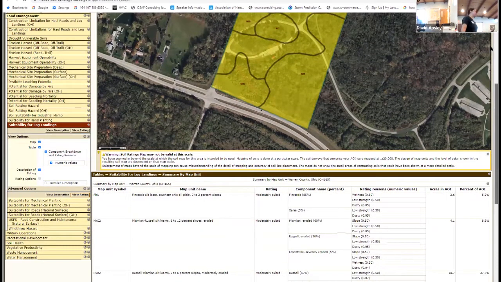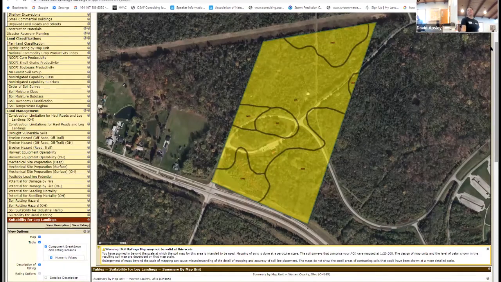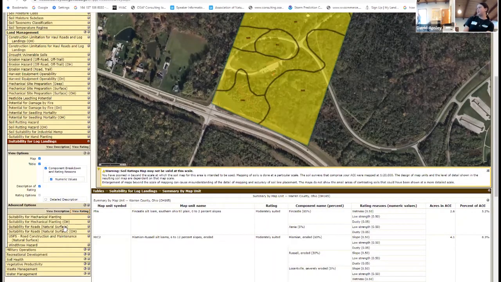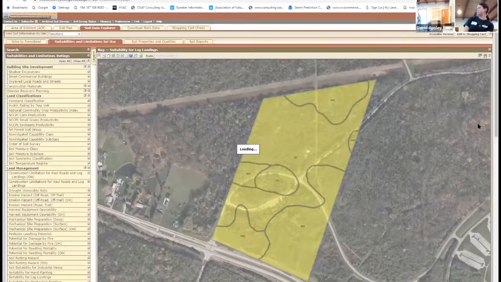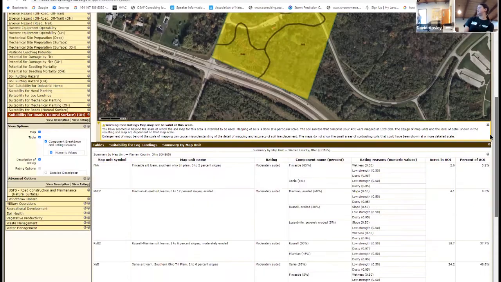Here, it looks like they're all about the same, so how does it look on the ground? You can do skid trails, I believe. Yeah, well, haul roads and log landings. For roads with a natural surface, which would probably be a lot of your skid trails.